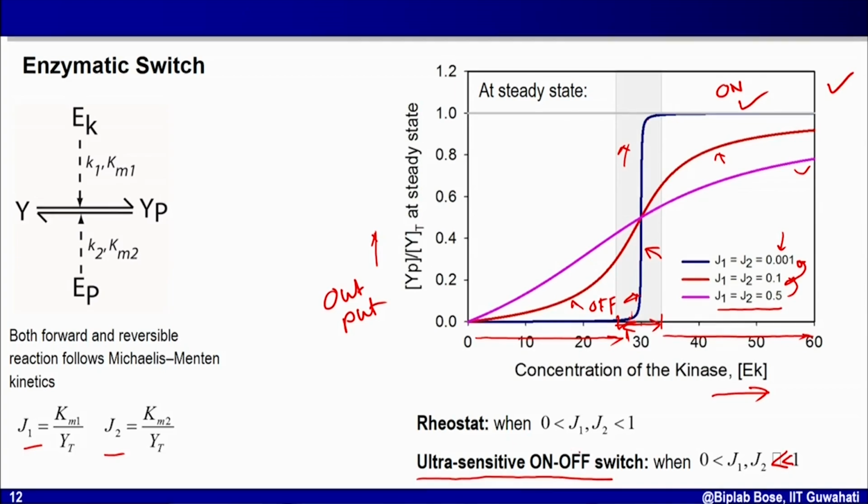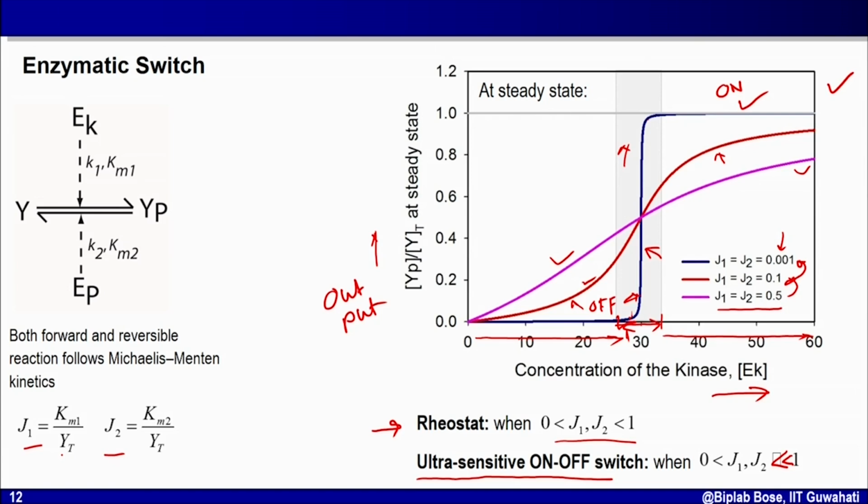But if you have J1 and J2 close to 1 but smaller than 1, then I get this sigmoidal curve which is shallow. That means you are increasing output slowly as the input is slowly increasing. There is no sharp jump in the input-output relation. So this is like a rheostat. So depending upon the value of J1 and J2, I can have this reversible reaction working as a rheostat or as an on-off switch.